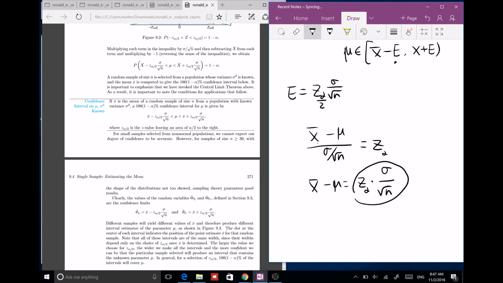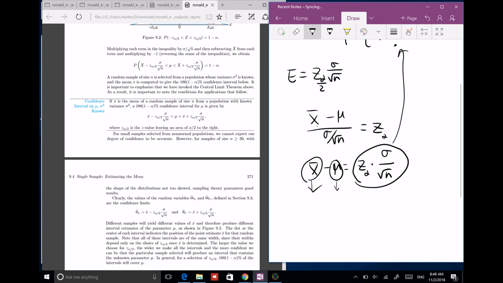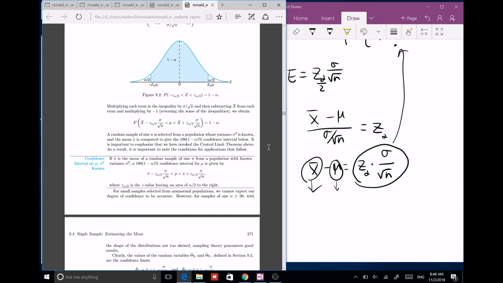This is the difference between the sample mean value and the population mean value. Sample mean and population mean have a difference, and this is the error here. Why do I have alpha over 2? Because it's symmetric. Left and right each give you alpha over 2. If you look at this, the left side is alpha over 2, the right side is alpha over 2, and the middle is 1 minus alpha.